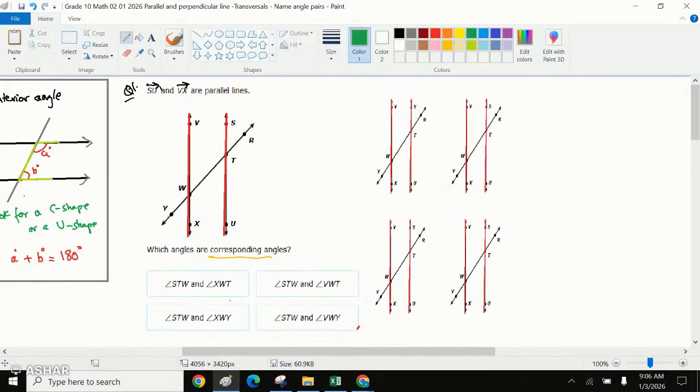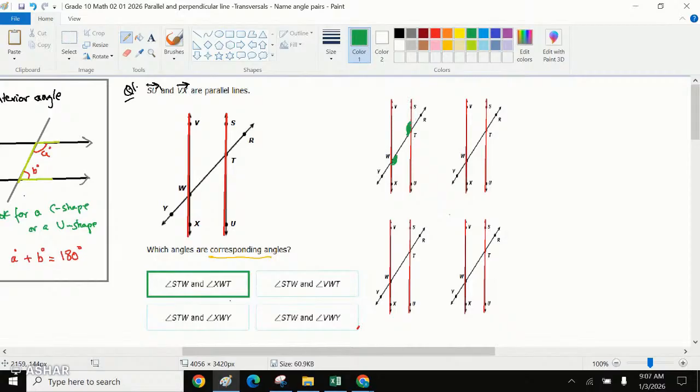So the first possibility we are looking at is STW and XWT. So where is STW? S, T and W. This is the angle STW, right? And XWT, X, W and T, is this angle, right?